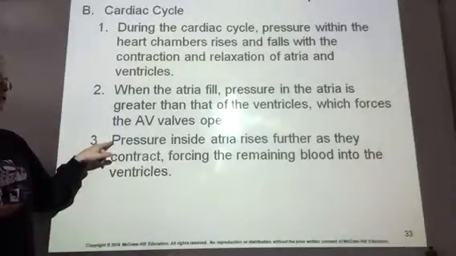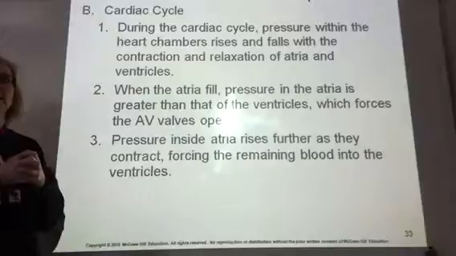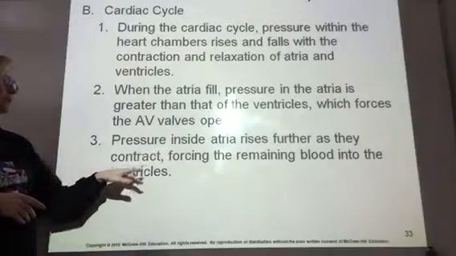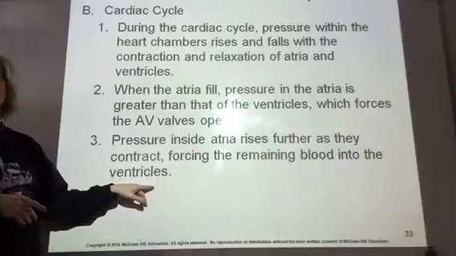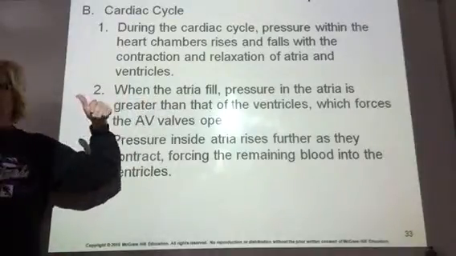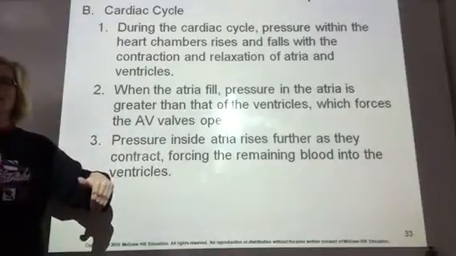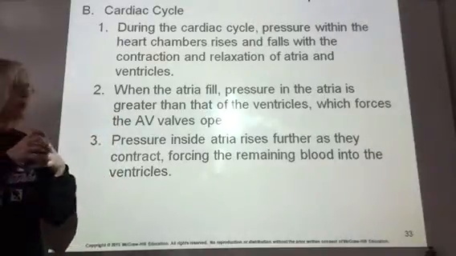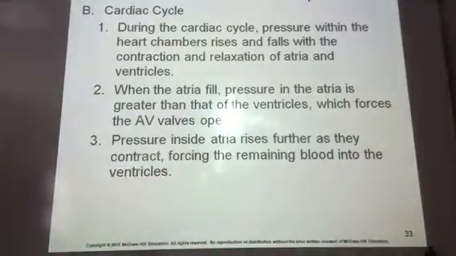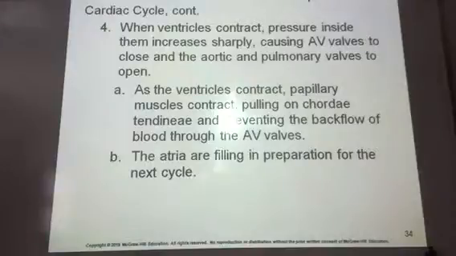Pressure inside the atria rises further when that muscle actually contracts or squeezes, forcing the remaining blood into the ventricles. So your atria get full, blood drops to the bottom, and that contraction forces out the remaining blood that hasn't dropped into the ventricles.